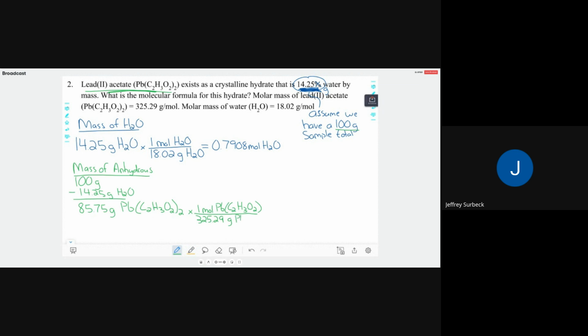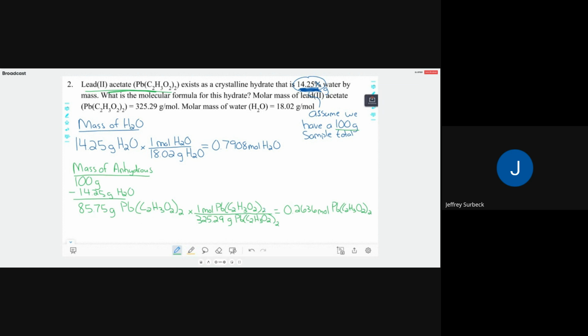Our numbers of importance are diagonal, so they will divide. 85.75 divided by 325.29, and again going out to 4 decimals, I get 0.2636 moles of my lead 2 acetate, Pb(C2H3O2)2.